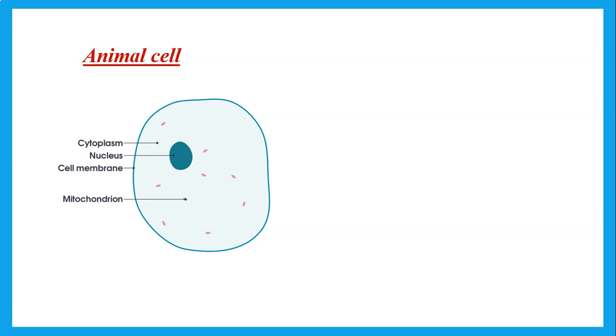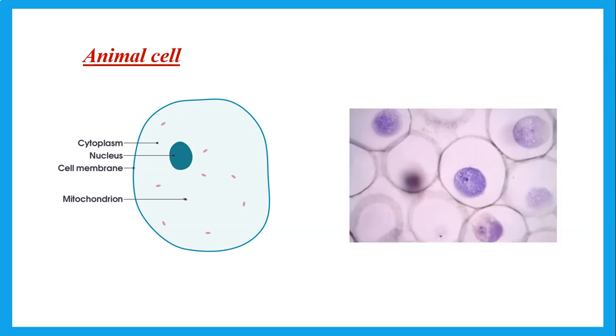Okay, what happens in animal cells? Remember, an animal cell has a cell membrane. And you should know that a cell membrane is a partially permeable membrane. So if we have a group of cells, these are animal cells, they have only a cell membrane surrounding them.